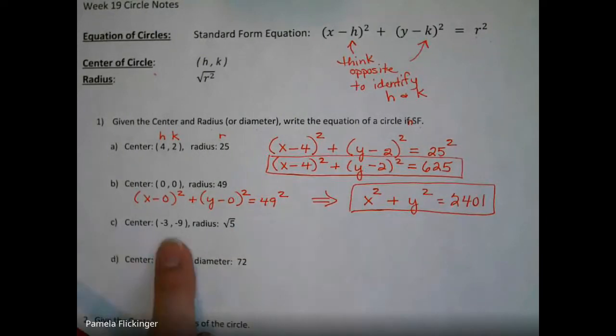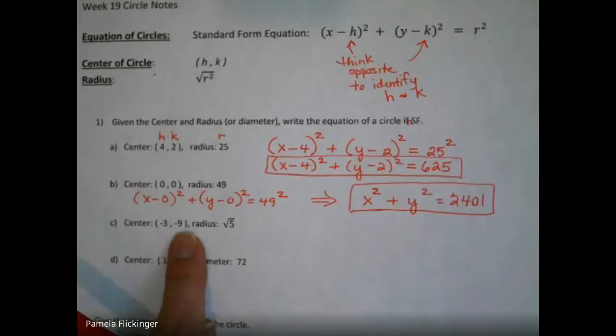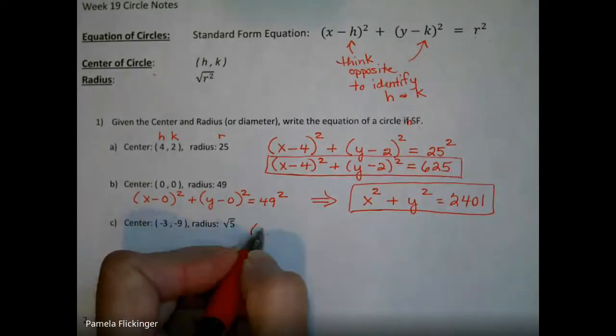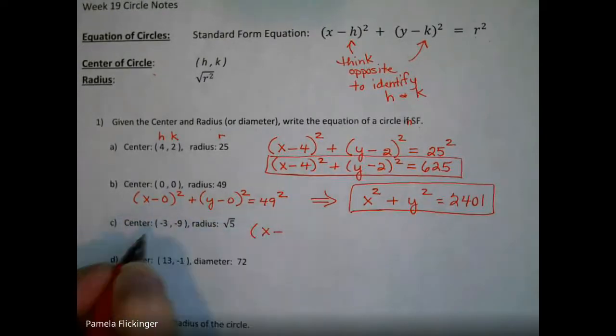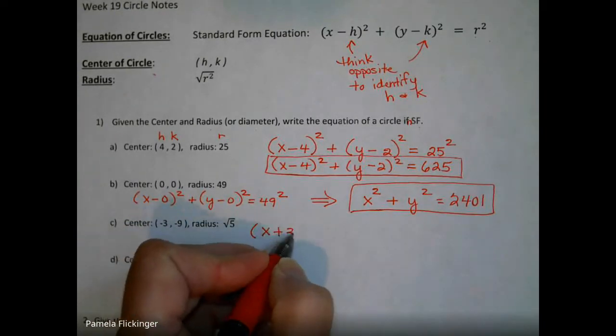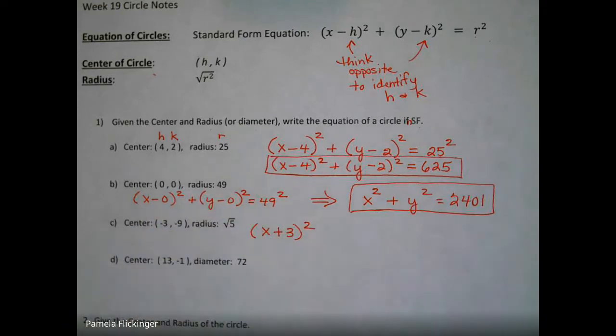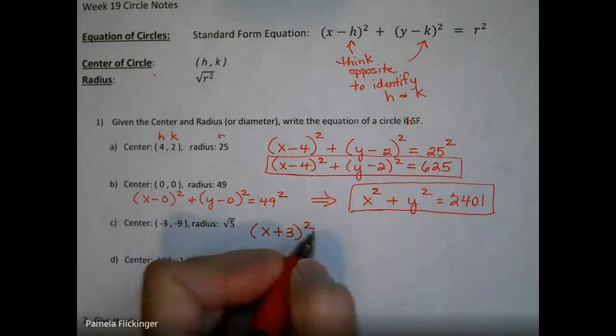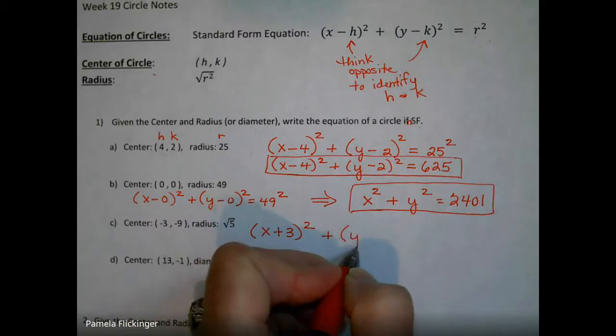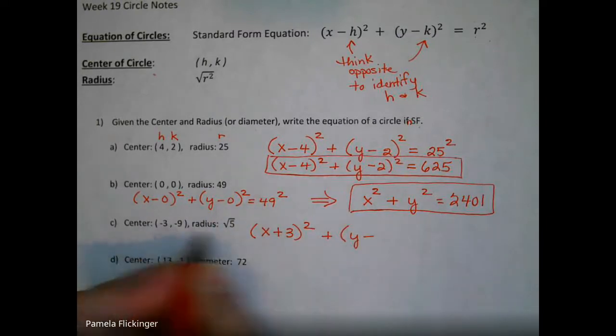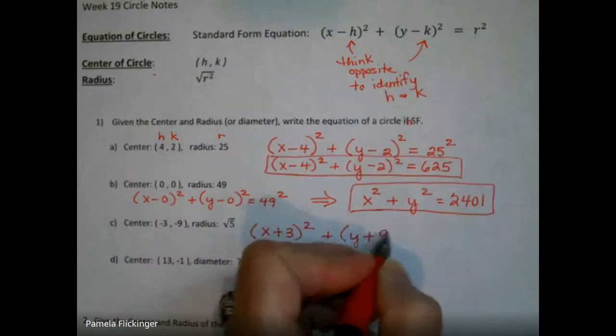All right, C, notice both h and k are negative. So when you go to fill in your formula, if it's going to be x minus and then -3, that's going to become a +3. And then we have plus y minus, and it's a -9, so we'll do +9.